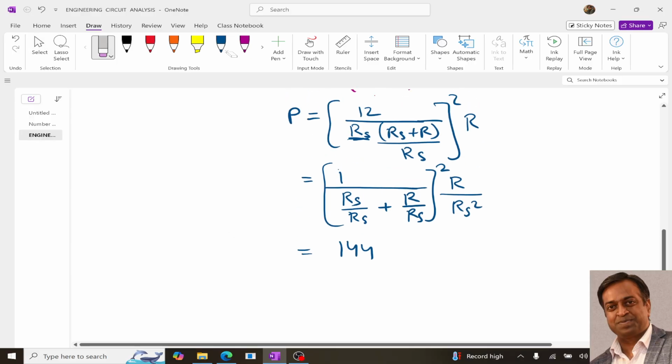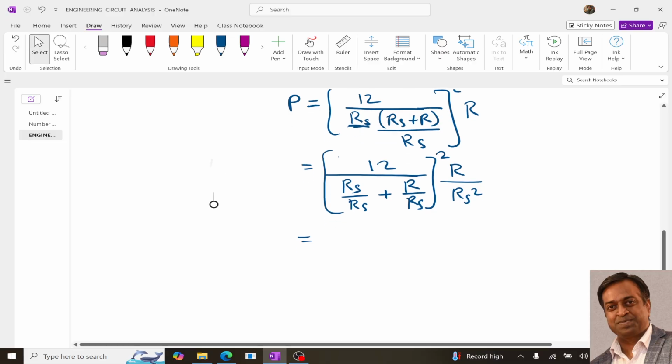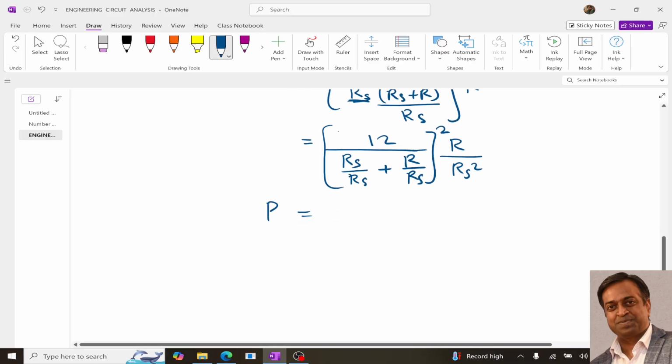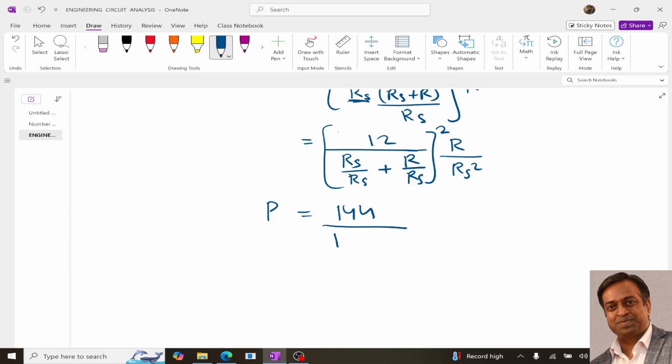It is 144 because 12 is still inside the bracket. So I can write P is equal to 144 upon 1 plus R upon RS, whole square, into R upon RS square, right?